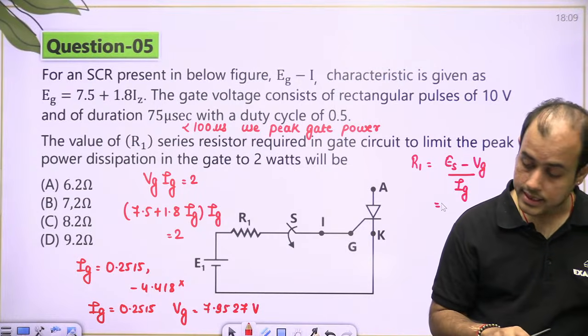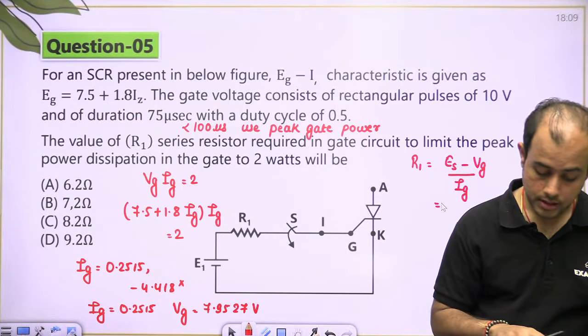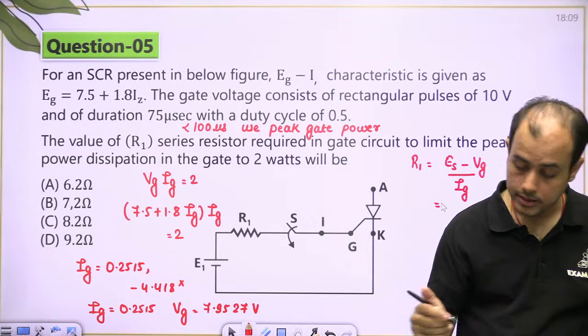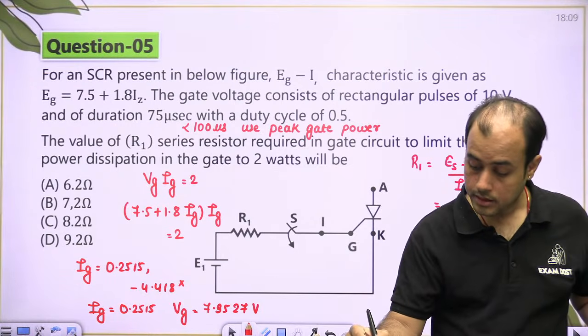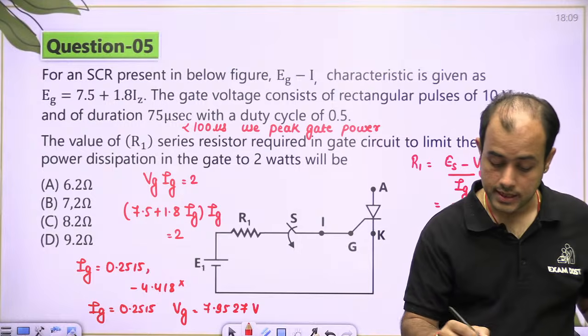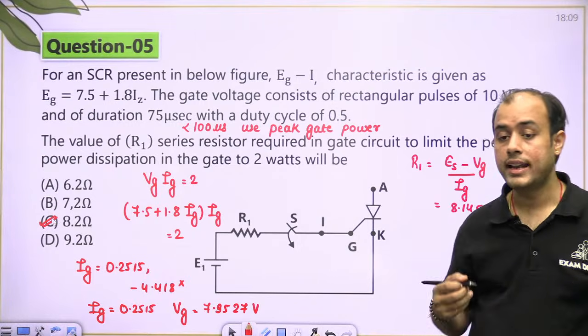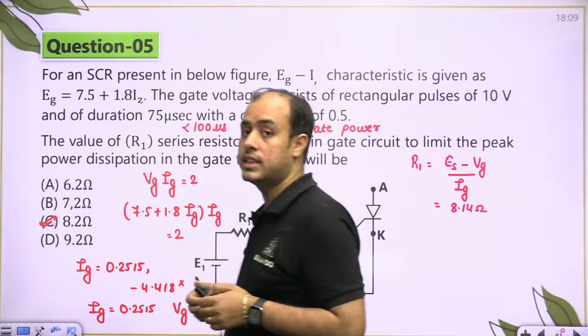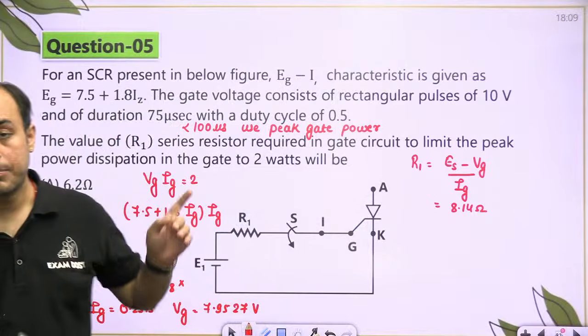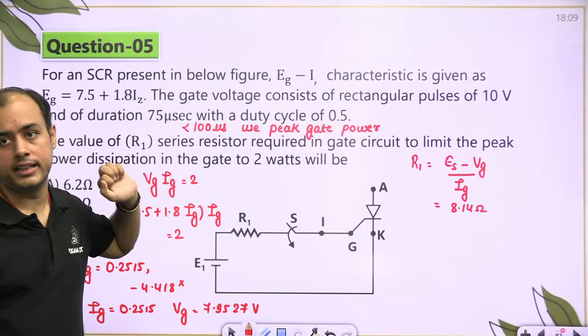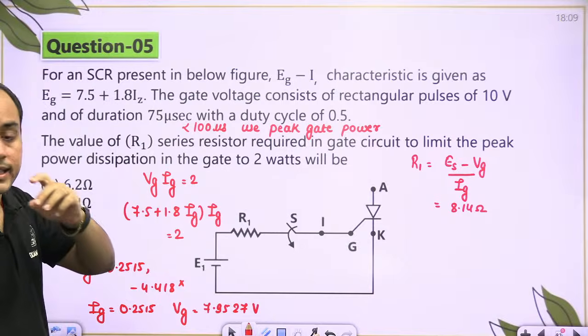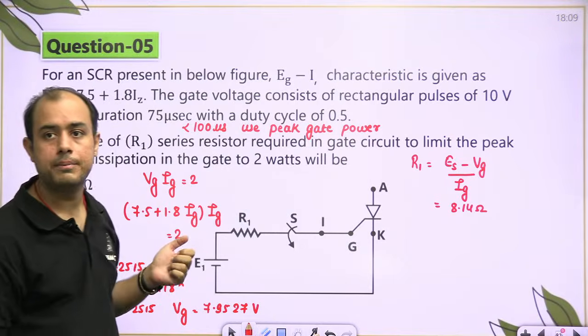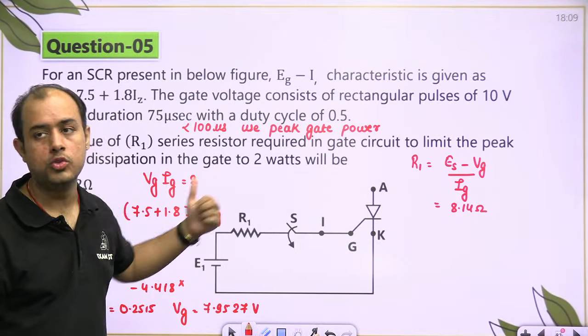So, beta, basically there is no role of this duty cycle here. Sir, how can it be used? It will be used in the numerical where the pulse width will be more than 100. If it is more than 100, I will use the average power. Now peak power is 2 watt.